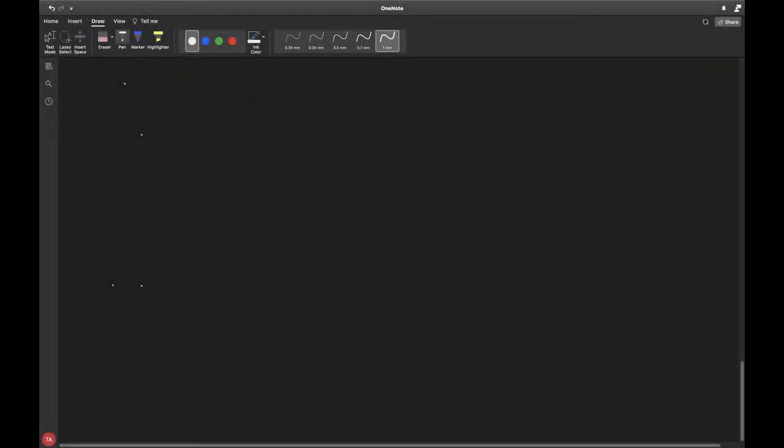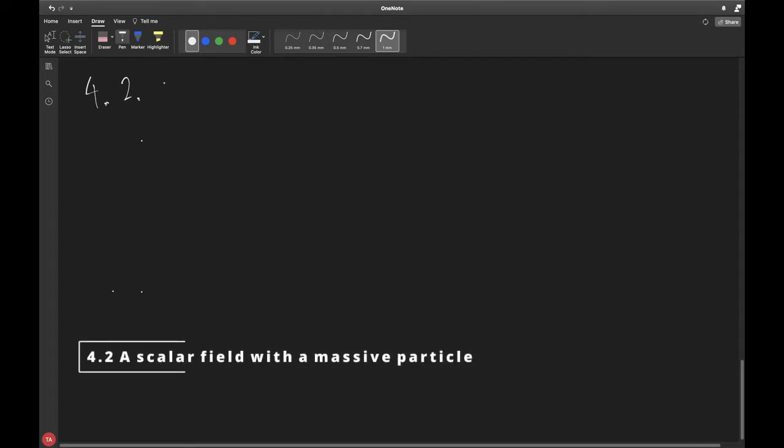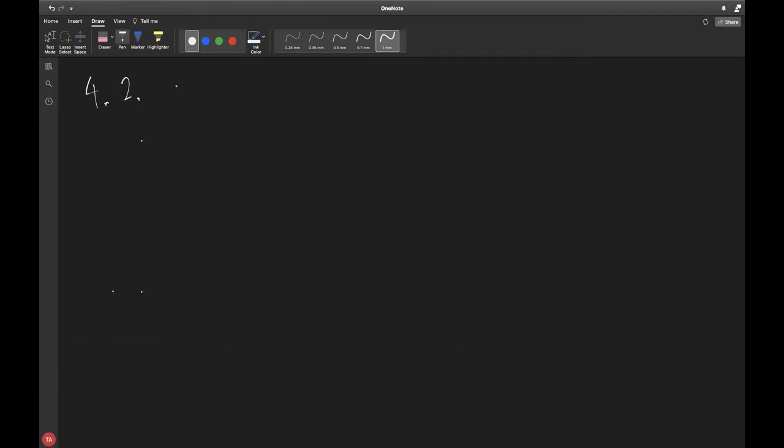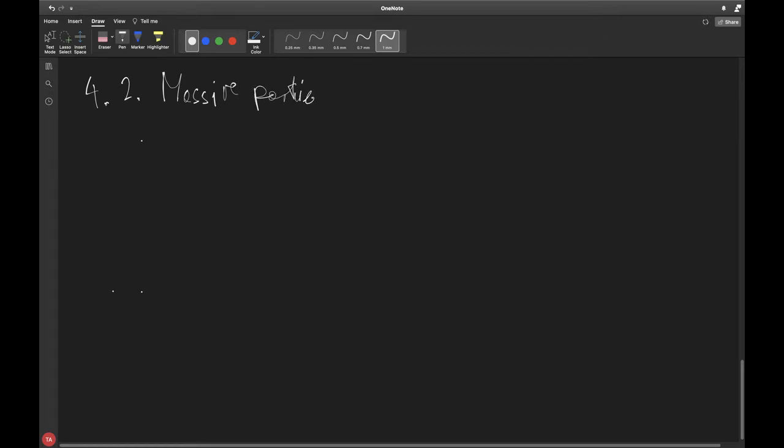Let's now upgrade our scalar field so that it has mass. This is going to be 4.2, the massive scalar field. Massive particles, field theory. As I said earlier, we really just want to use the Lagrangian to define the theories.